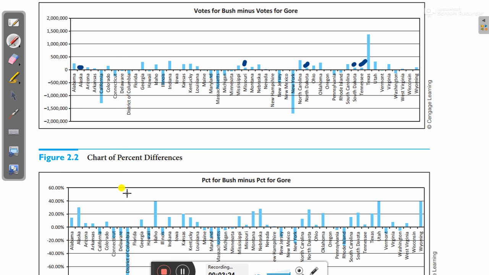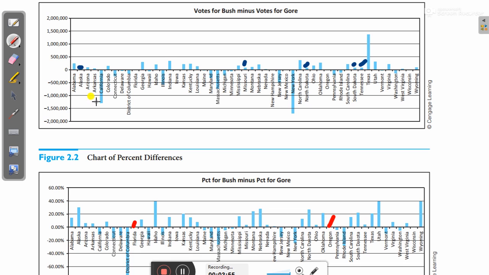Now you can see the percentage difference of the votes for many states, like Florida, or like here you can see Oregon. These are almost nil.